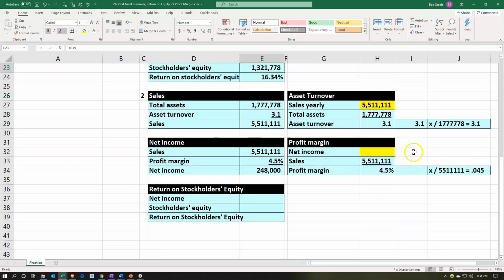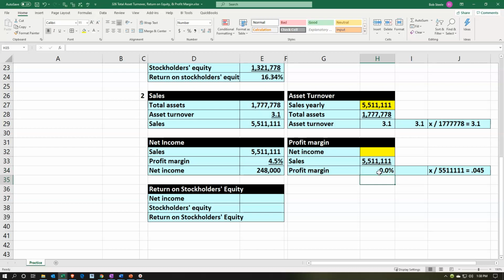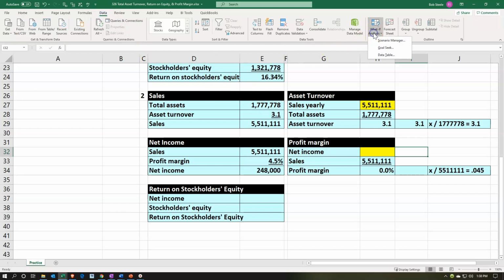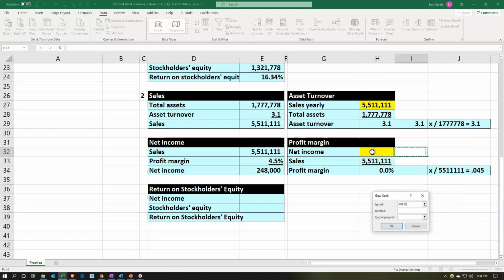And then we can use our goal seek once again to figure it out over here, just to practice that. I'm going to delete this, do our division. This equals this cell divided by this cell. It's 0, so we're going to go back up top and then do our goal seek, go into the data tab, what if analysis, goal seek. And then I'm going to say, all right, I would like you to set this item to be what we know it should be, which I believe was 4.5%, which is 0.045.